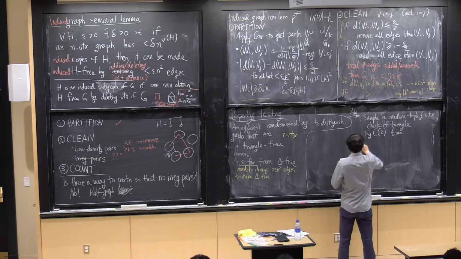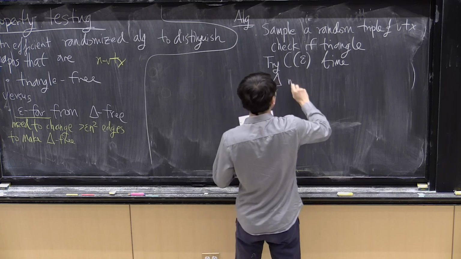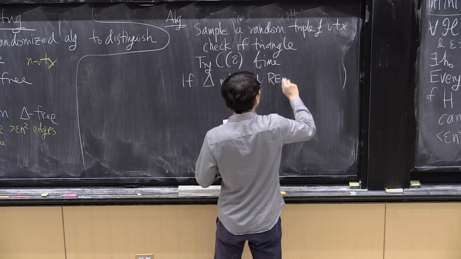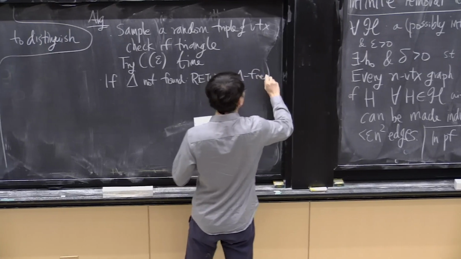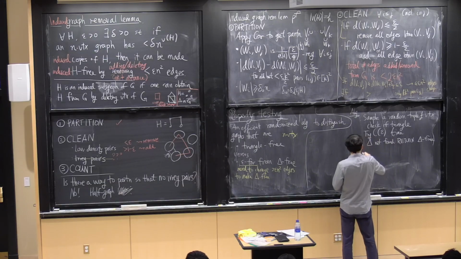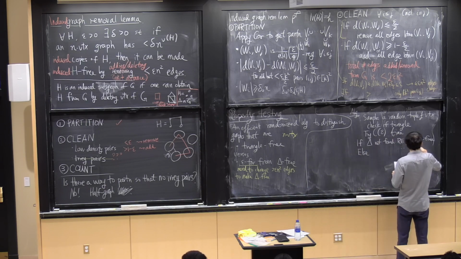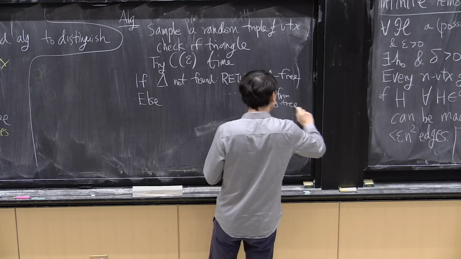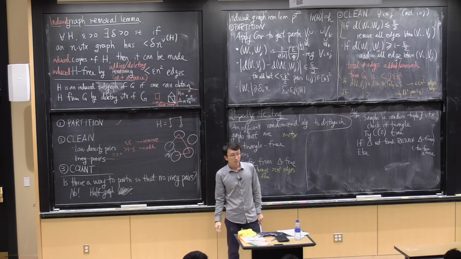If you don't find a triangle, then we return that it's triangle free. Otherwise, we return that it is epsilon far from triangle free. Okay, so that's the algorithm.